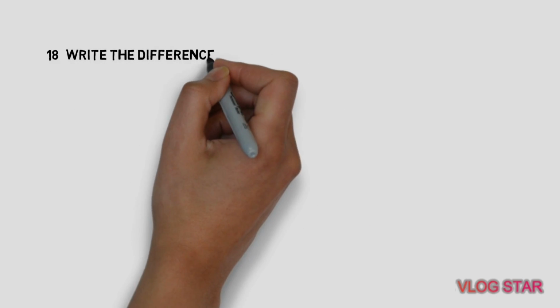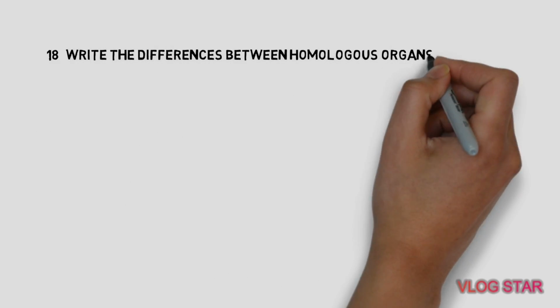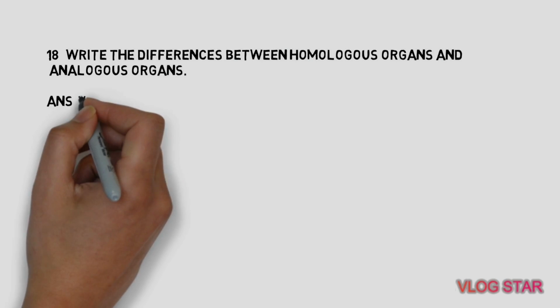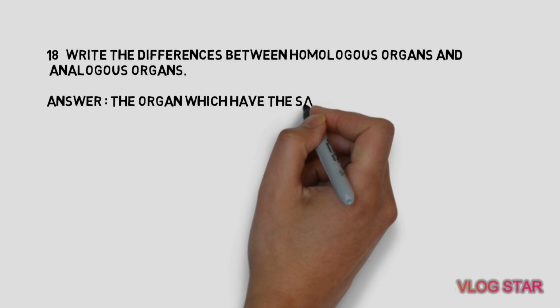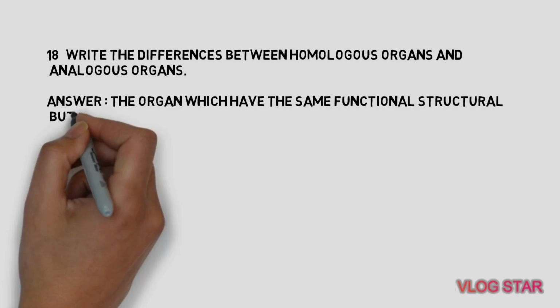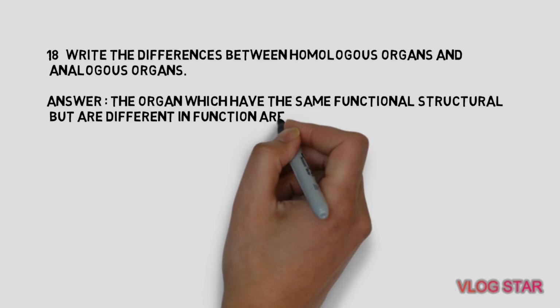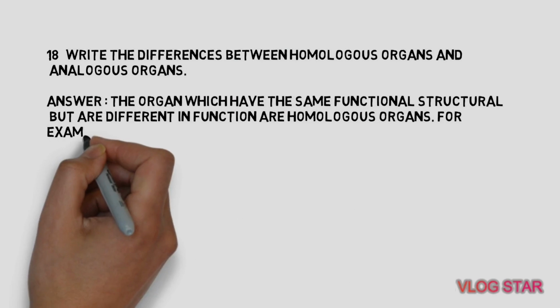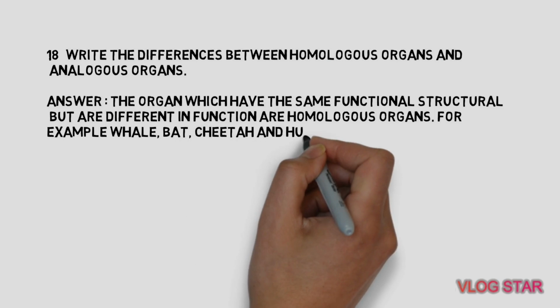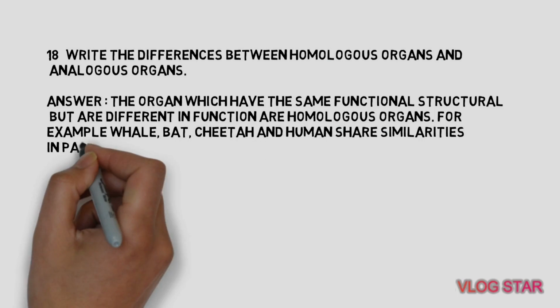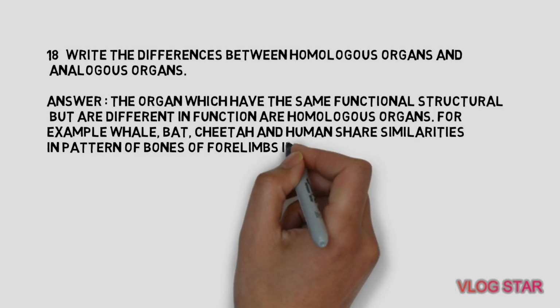18. Write the differences between homologous organs and analogous organs. Answer: the organs which have the same basic structure but are different in function are homologous organs. For example, whale, bat, cheetah and human share similarities in the pattern of bones of forelimbs.